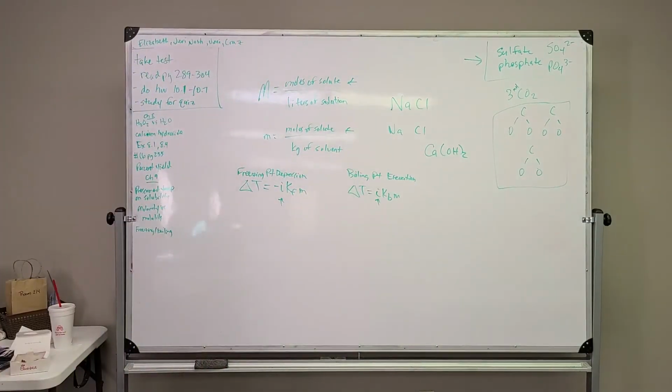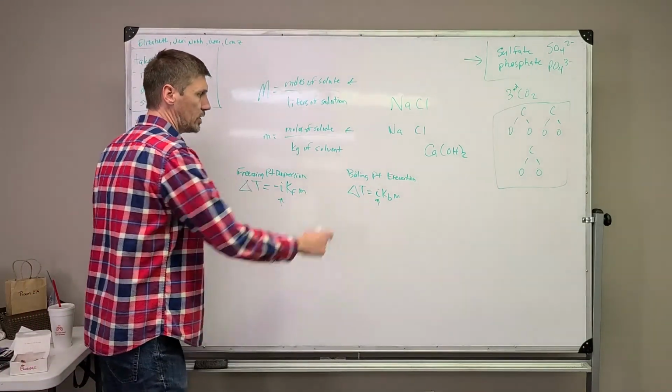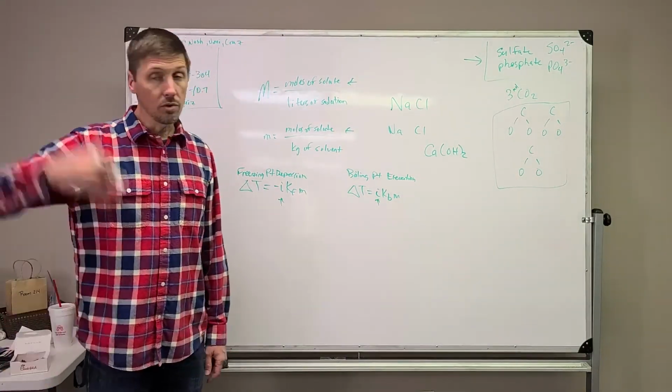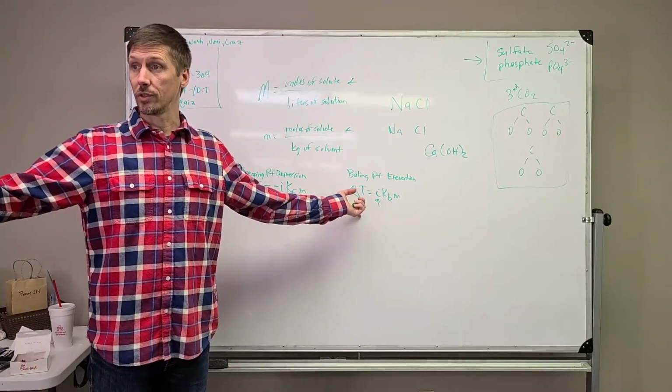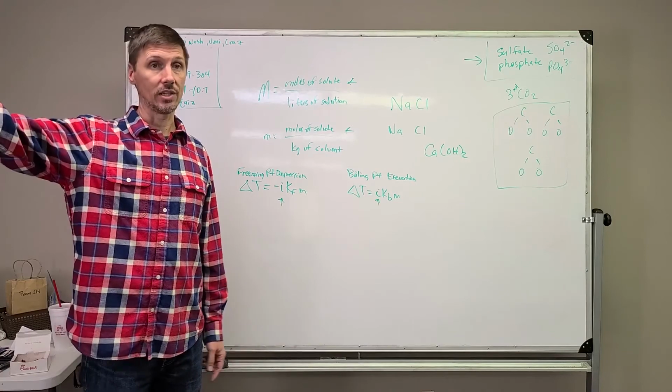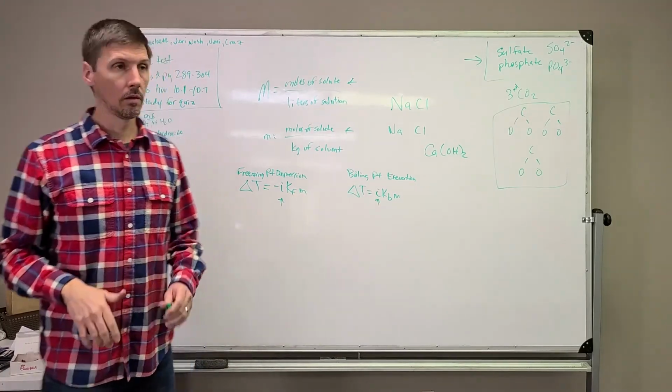So it'll be 3 for that one. The only other thing to remember is that when you figure out change in T, if I were to ask you what's the new boiling point, you'd have to add this value to 100 degrees Celsius, because the boiling point has changed to that.